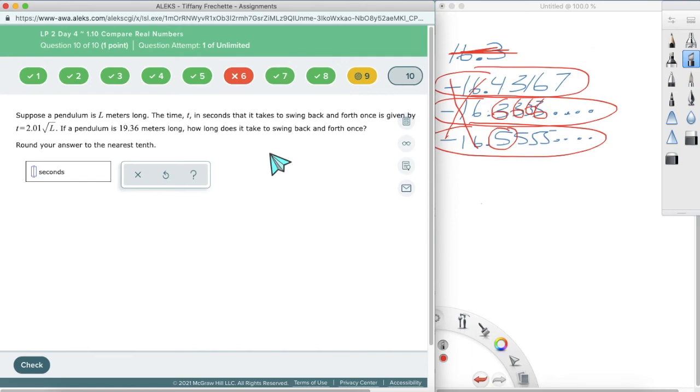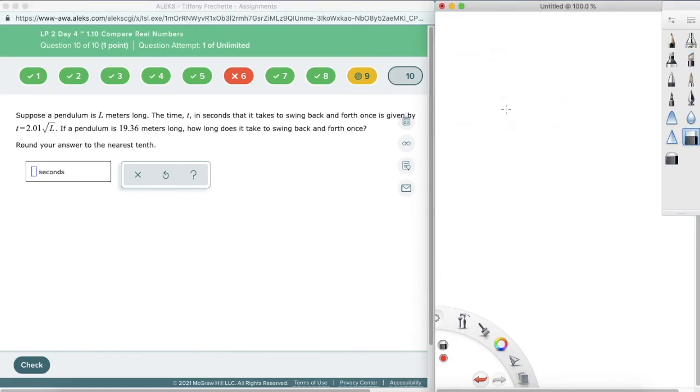Okay, last question here. Suppose a pendulum is L meters long. The time in seconds that it takes to swing back and forth is given by T equals 2.01 times the square root of L. If the pendulum is 19.36 meters long, how long does it take it to swing back and forth once, round to the nearest tenth?